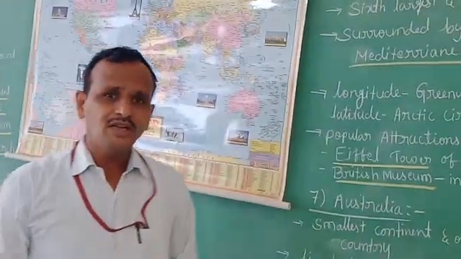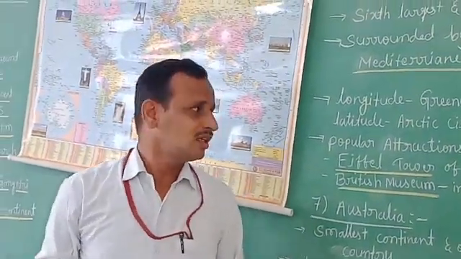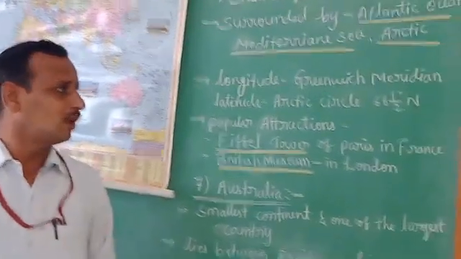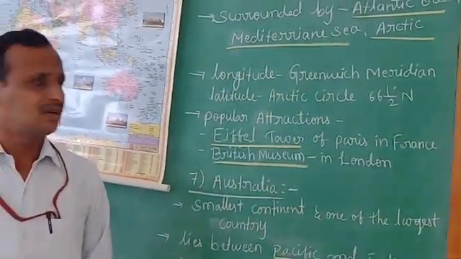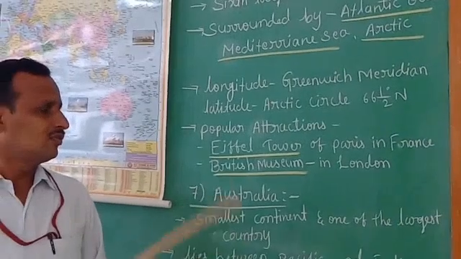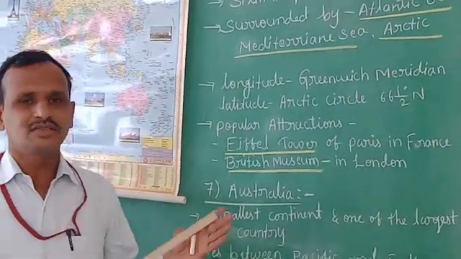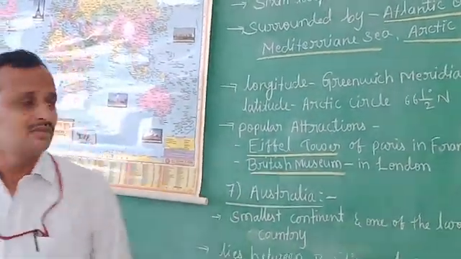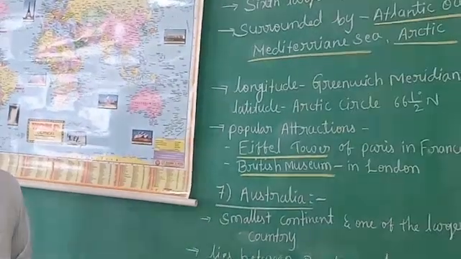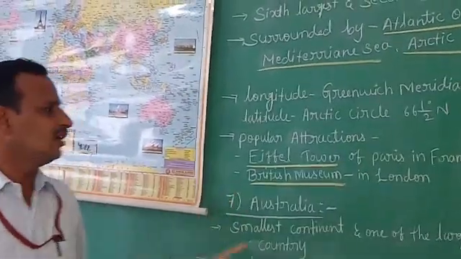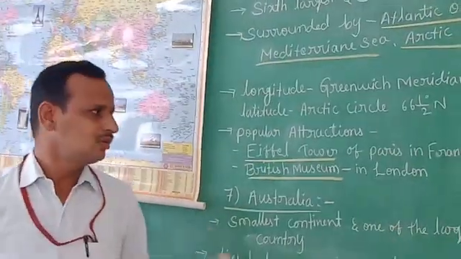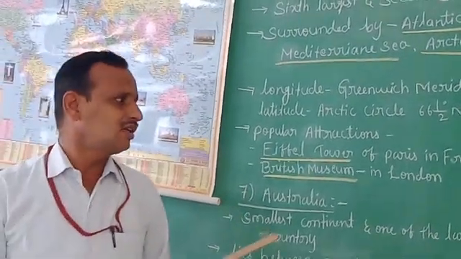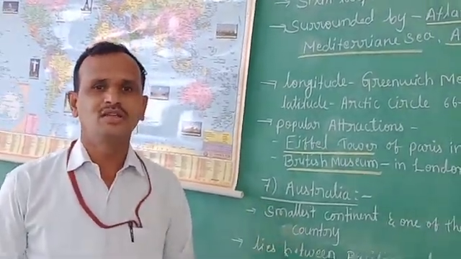And the popular attractions of this Europe continent. What are the popular sites of this Europe continent? Mainly here it is the Eiffel Tower. Children, you already know the Eiffel Tower is very famous in the world.